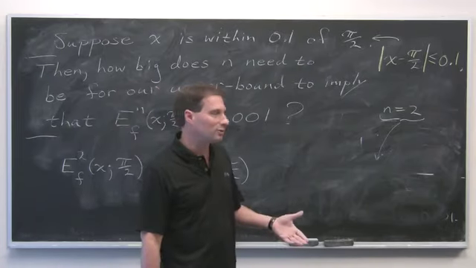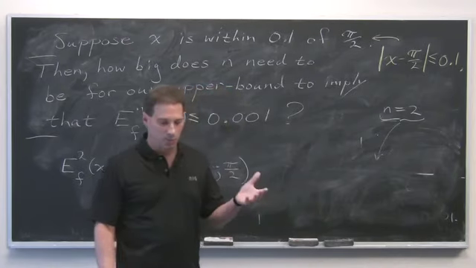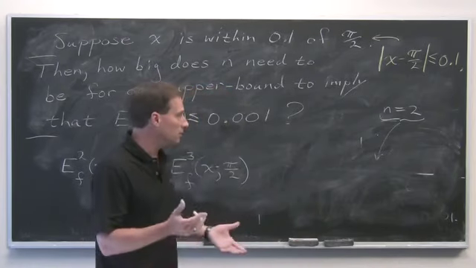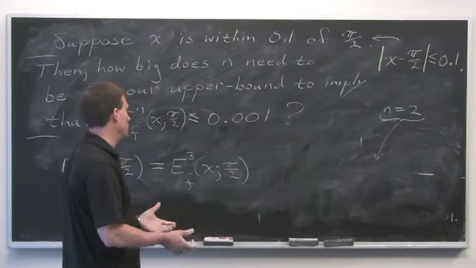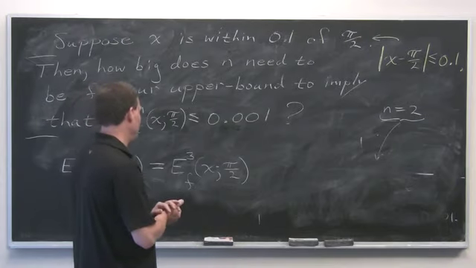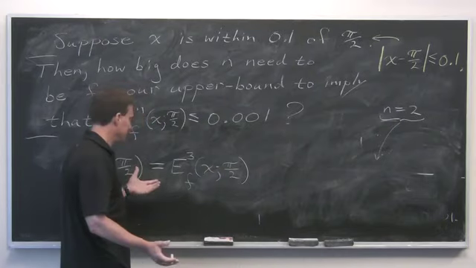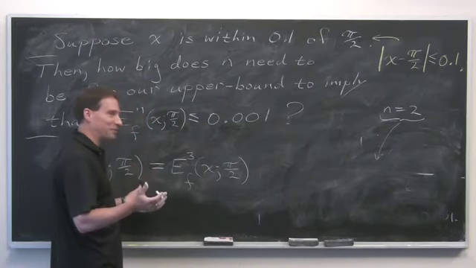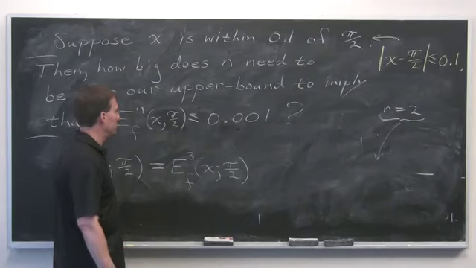It seems kind of magical that just because that term's missing, we get a better error, but it's because there exists a c that makes this true, and it's just a rough upper bound, and it can be better if you use Taylor's theorem.